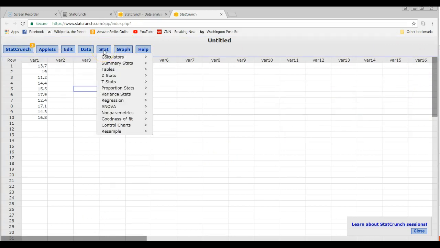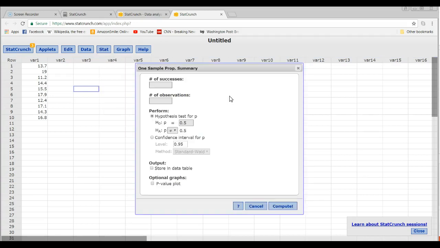We're going to stat, proportion stats, one sample, and we have summary, because they've done the counting for us. The number of successes, that's X, was 48. The number of observations was 200. And we want a confidence interval for P.